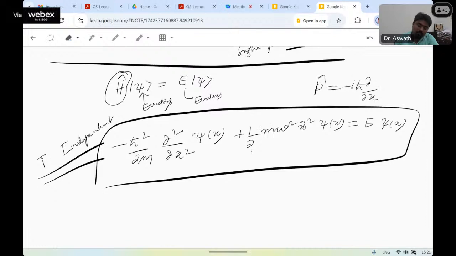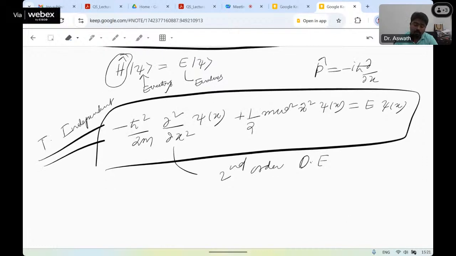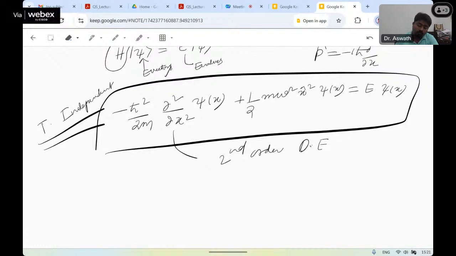Okay, so now to know the system in detail, I have to solve the second order differential equation. Second order differential equations are very tough. So for that, I can look for some algebraic method to solve this equation.